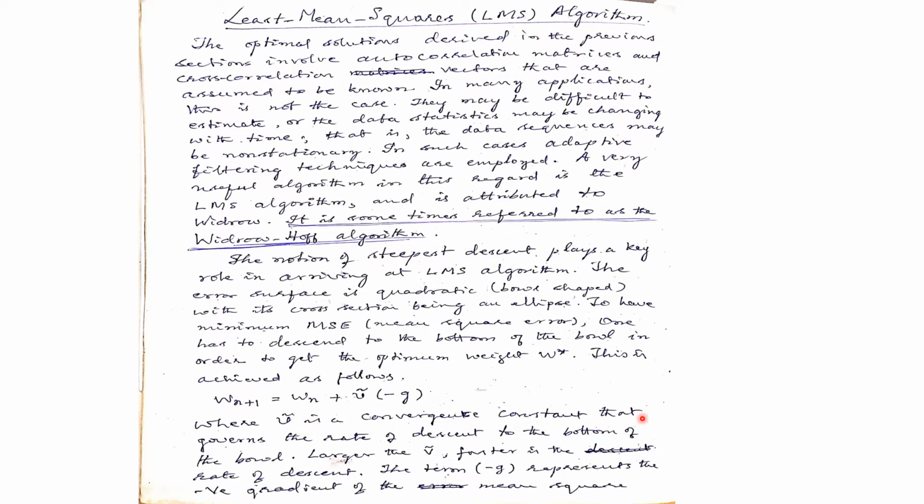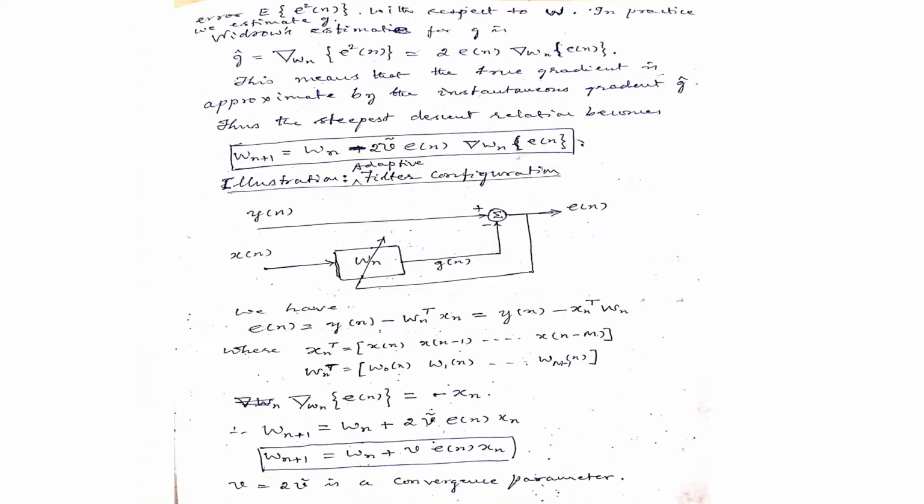This V is considered to be the convergence constant that governs the rate of descent to the bottom of the bowl. The larger the value of V, the faster we slide down. The term minus G, as I explained earlier, represents the mean square error. Mean square error is nothing but the expectation of the square of the error signal with reference to W. In practice, we estimate G instead of using the equations that we discussed earlier.